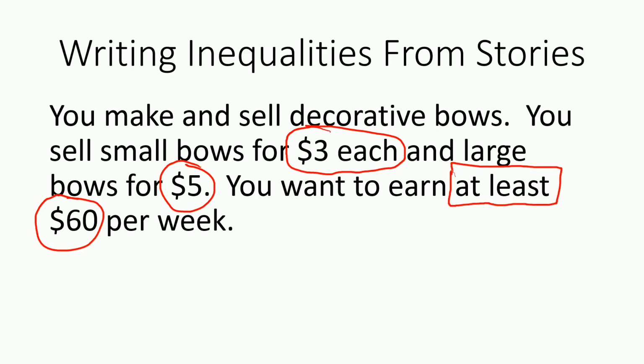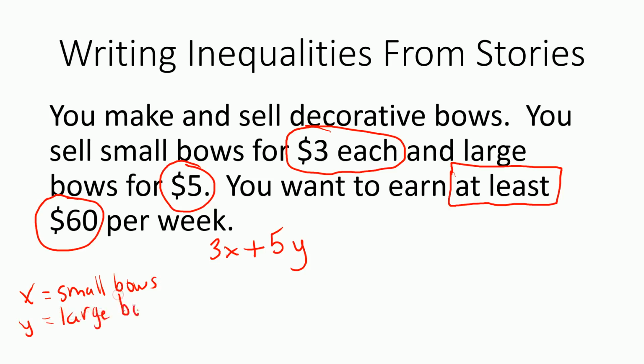Because we're going to write this in, it looks like standard form. We have 2 rates of change and a total. So we know it's going to be standard form. That's 3x plus 5y. X is small bows, and y is representing large bows.